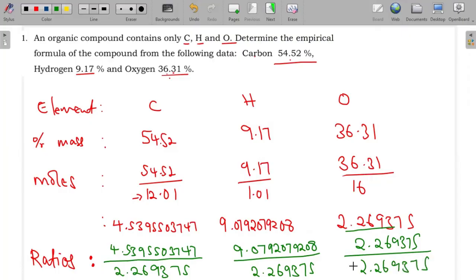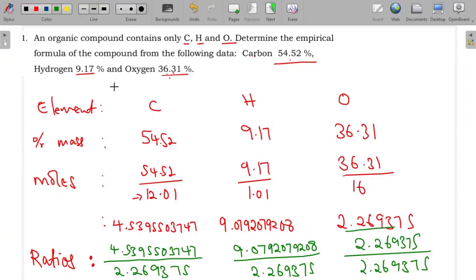From there, what are we going to do? We're just going to start dividing from the calculator. I'll be writing the answers that I find here, just on top. We start with the first one: 4.5395503747, and I'm dividing this by 2.269375.